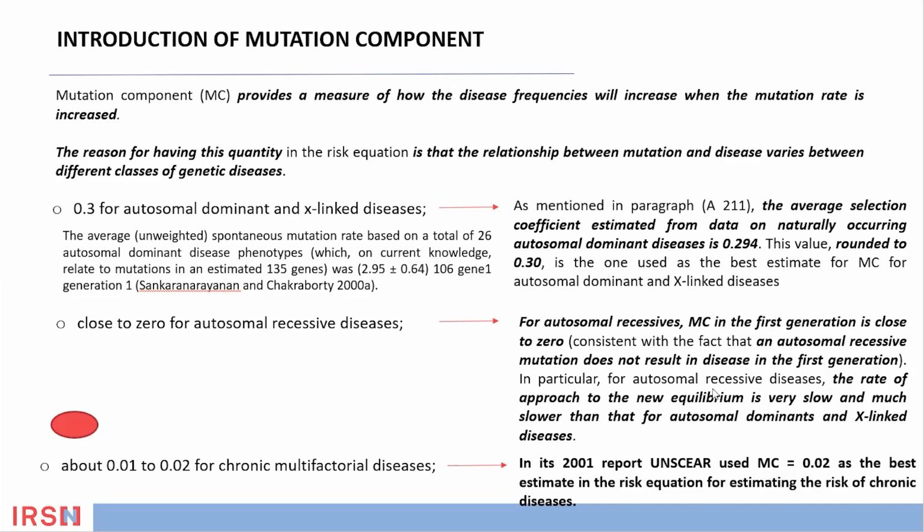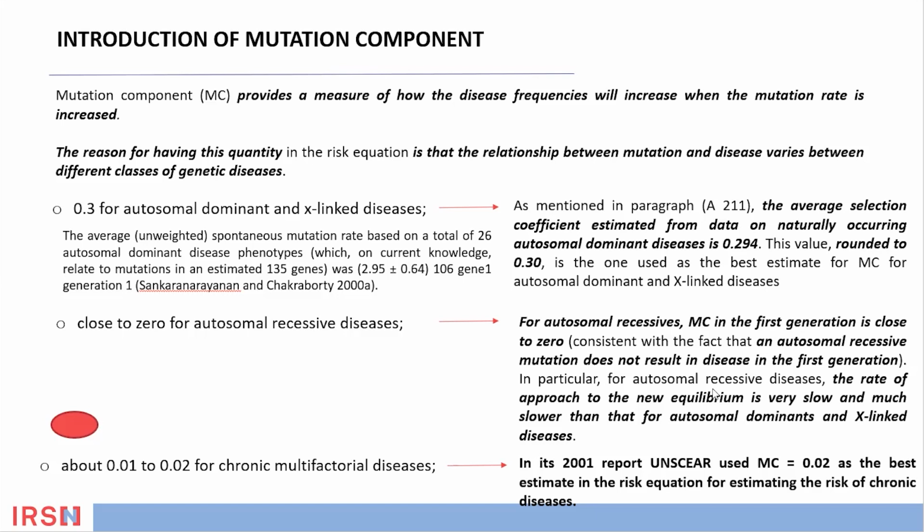For autosomal recessive disease, it's close to 0, because the mutation component in the first generation is close to 0, consistent with the fact that an autosomal recessive mutation doesn't result in disease in the first generation. The approach to the new equilibrium is very slow, much slower than that for autosomal dominant and X-linked disease, and that's why it's close to 0.